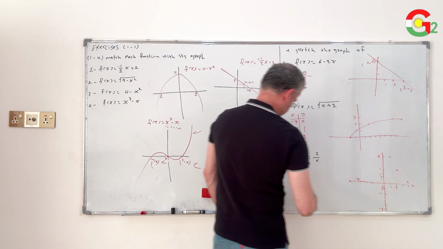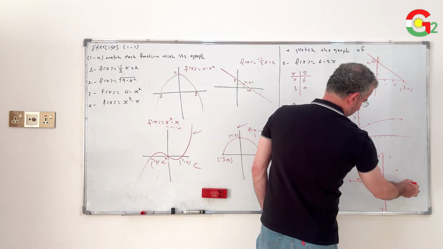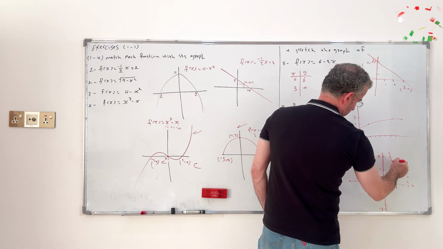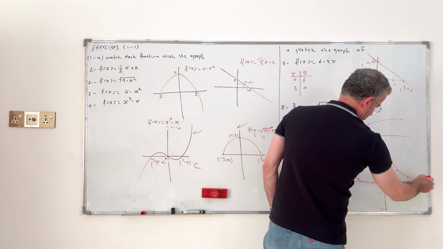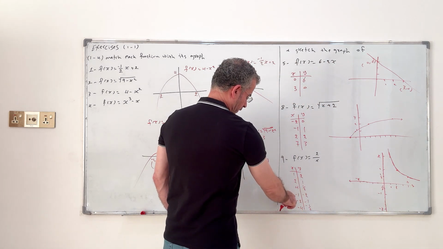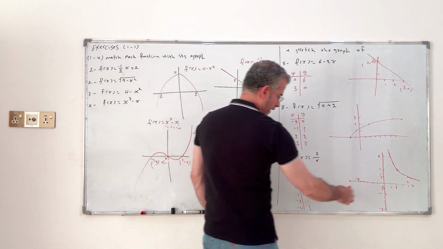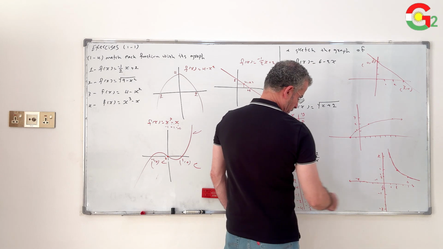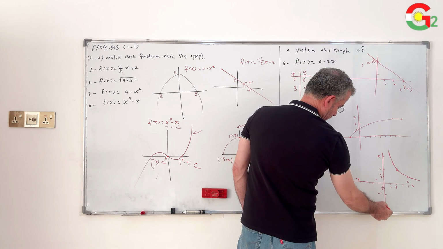Here. 4 half. I have this graph. For the other 3 points, when x equals negative 1, y is negative 2. Here.